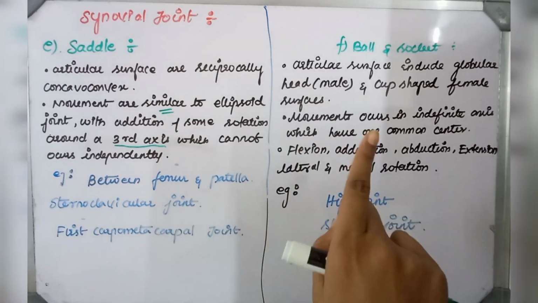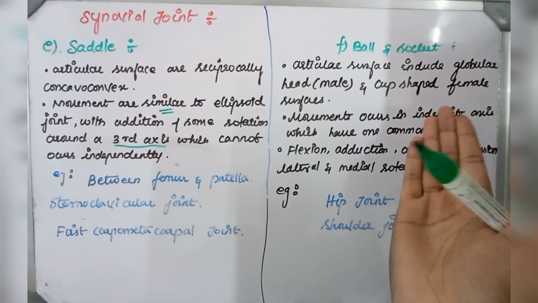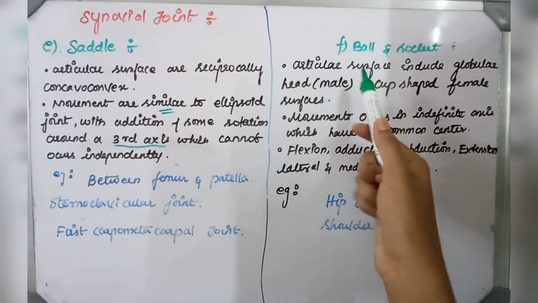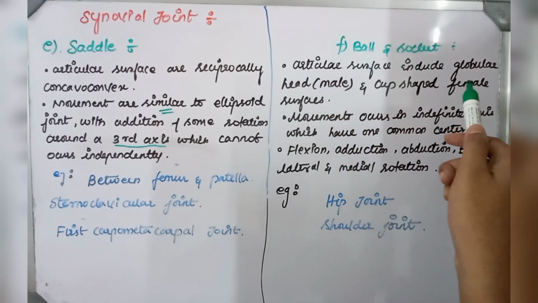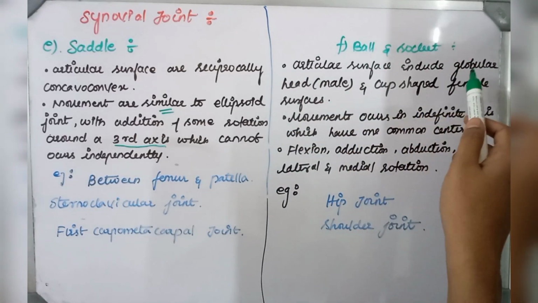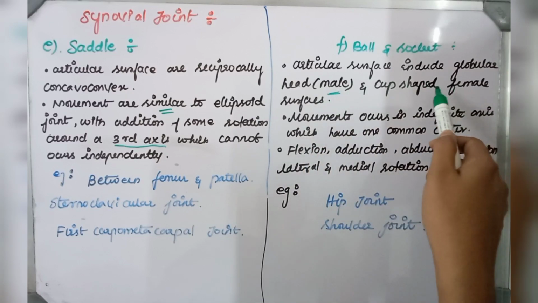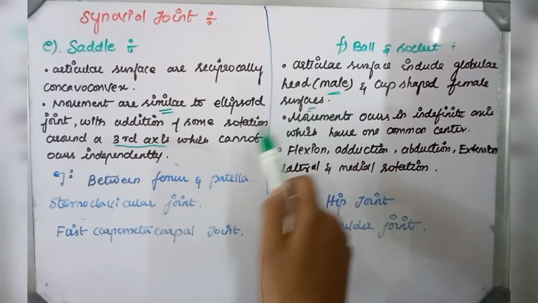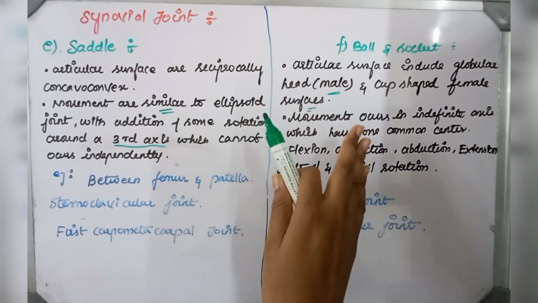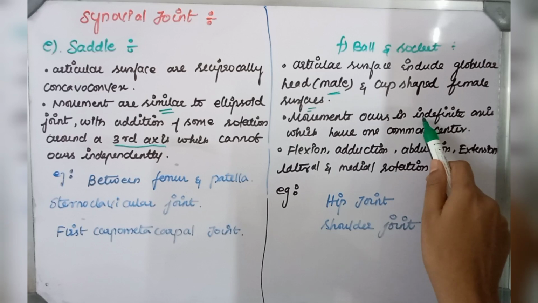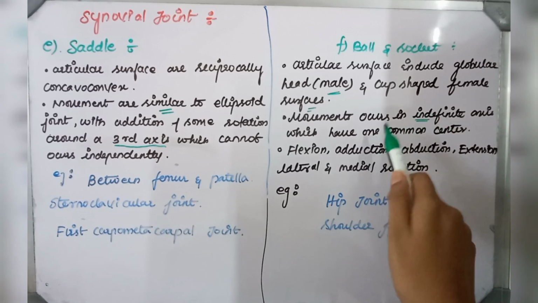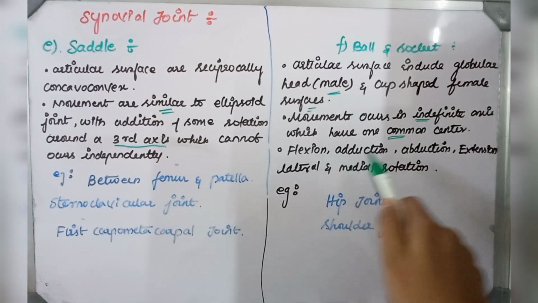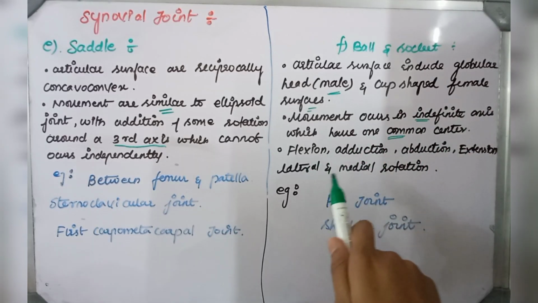And let us see the ball and socket joint. This helps in a wide range of movements. Its articular surfaces include a globular male head and a cup-shaped female surface. It has a wide range of movements, occurring around an indefinite number of axes passing through a common center. It provides flexion, adduction, extension, abduction, and lateral and medial rotations.